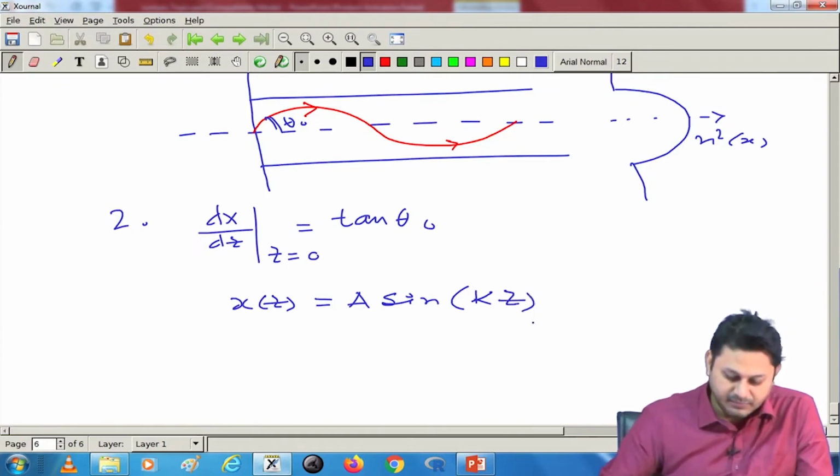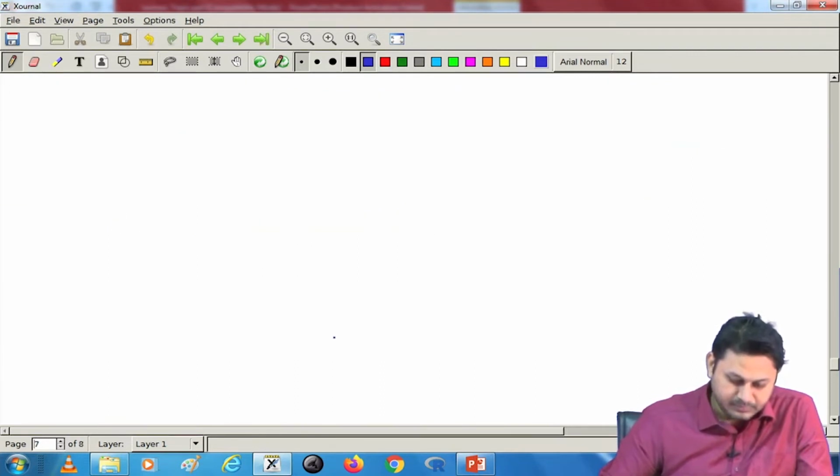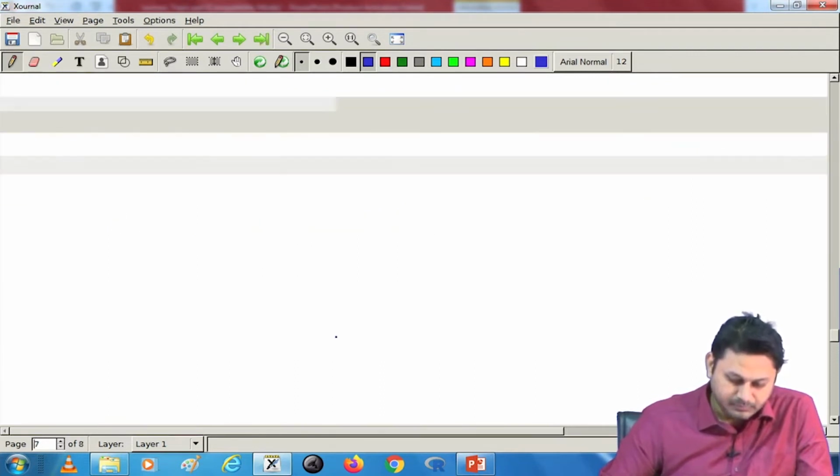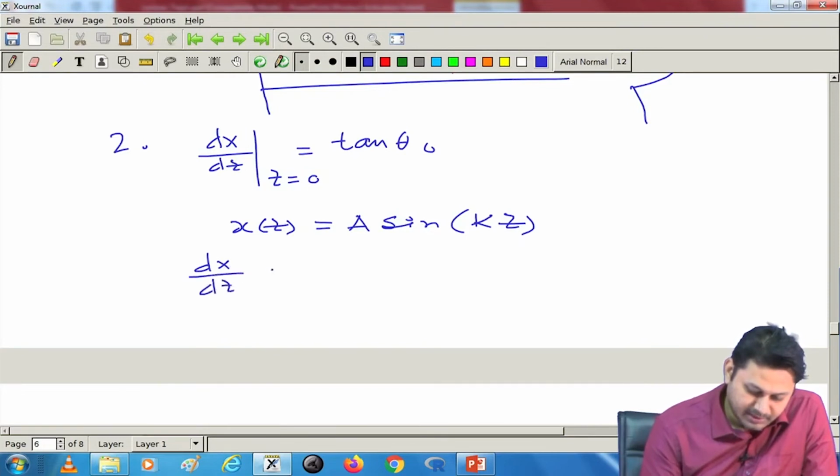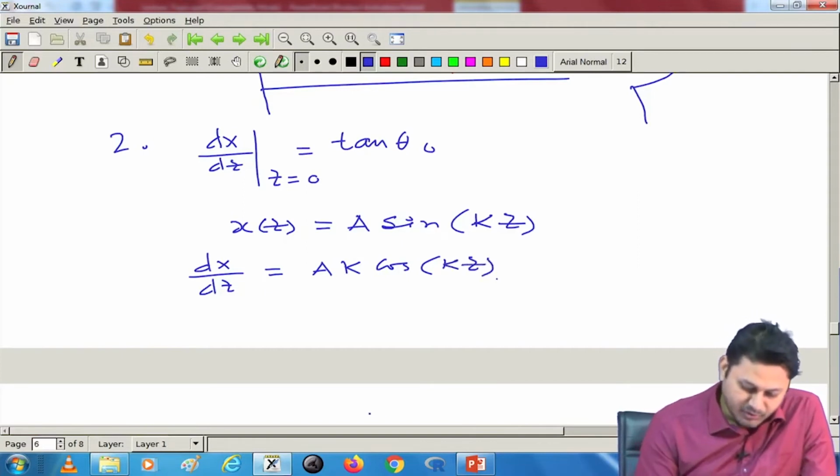If I make a derivative with respect to z, it should be like A of k of cos of kz, and I want to evaluate these things at z equal to 0.